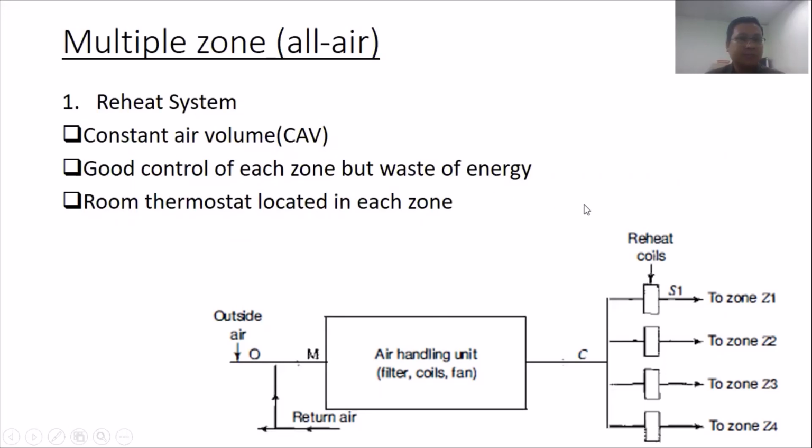Some can be controlled by variable air volume, and then good control of each zone, but waste of energy, and a room thermostat is located in each zone. So actually, if we implement multiple zone by this system, we build a reheat system.